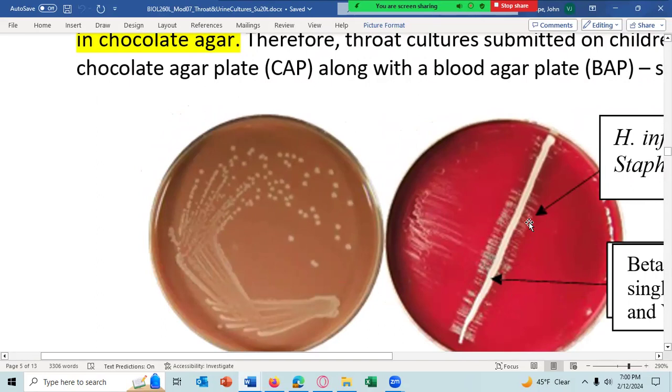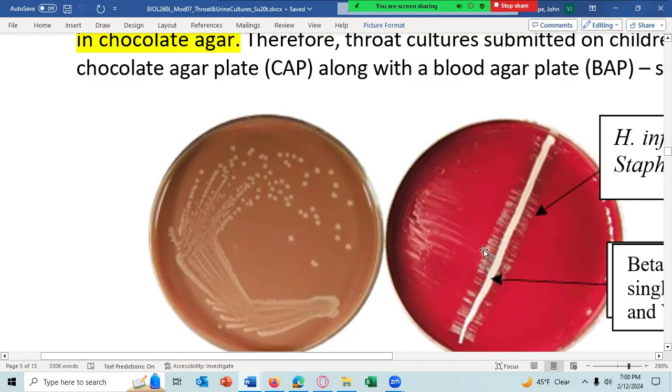The reason why the Haemophilus influenzae can grow in this region is that the Staphylococcus aureus lyses the red blood cells, and then the nutrients that are required by Haemophilus influenzae will diffuse from the lysed red blood cells in this region of the plate.